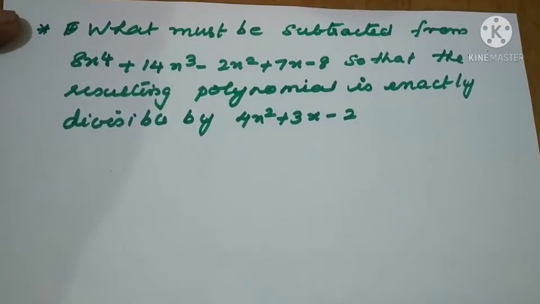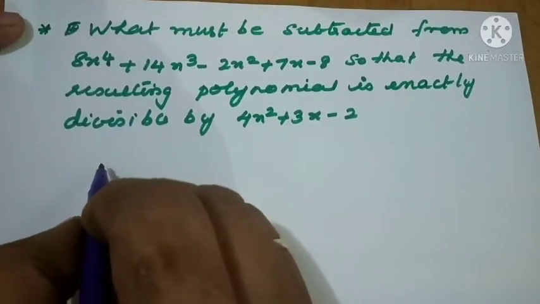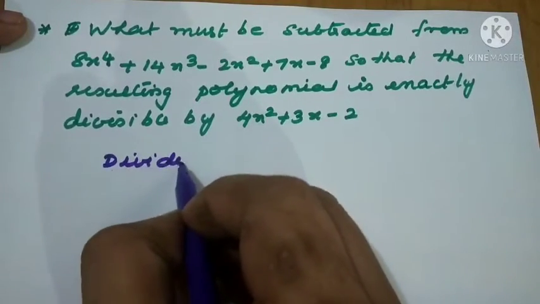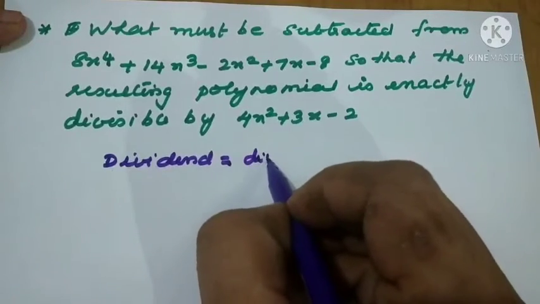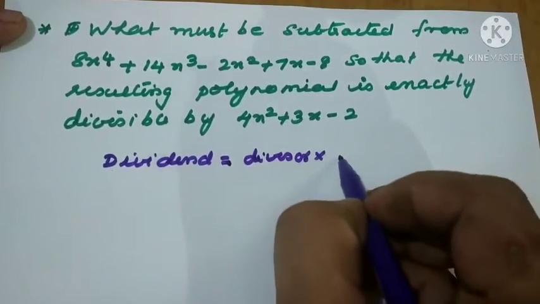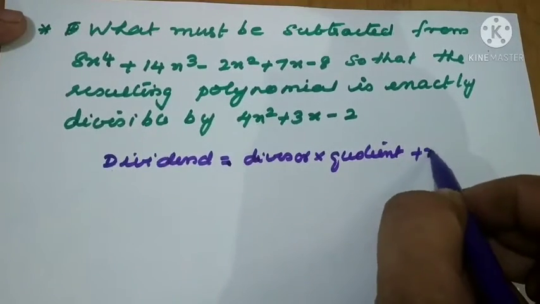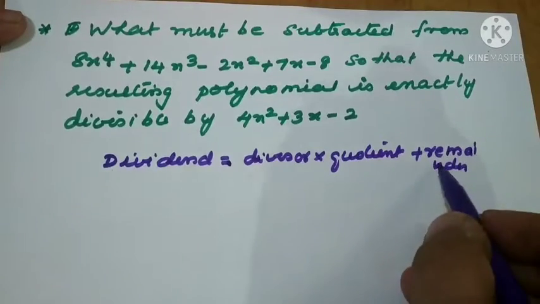do here. So what is the idea for this question means dividend equal to divisor into quotient plus remainder. So what is extra here? Remainder.